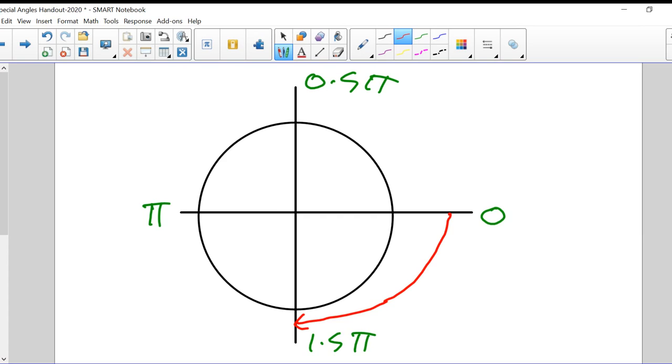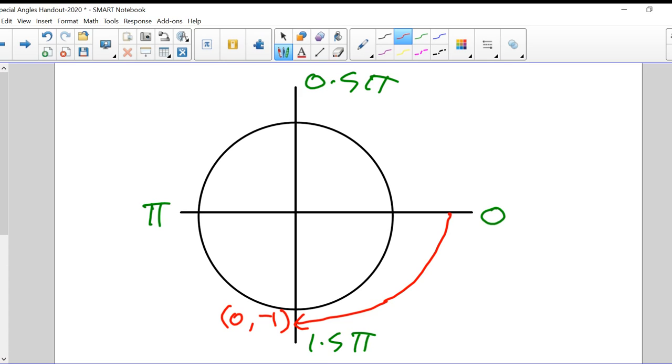So really what I need to be looking at is these coordinates that we did the first time. The coordinate here is going to be 0, -1. This is when we were looking at the circle originally. So when I ask about sine, cosine, and tangent, think about x-coordinate, y-coordinate, and y over x for sine, cosine, and tangent. So let's answer the question now.